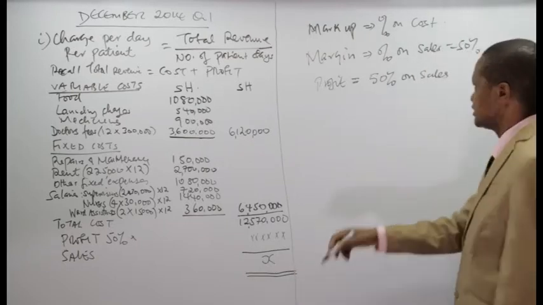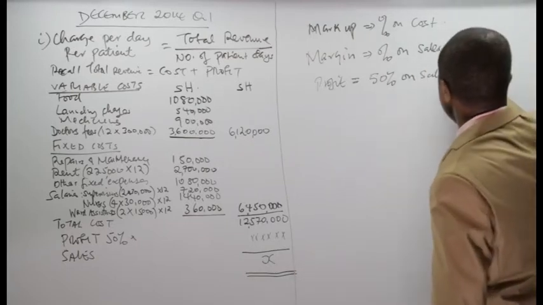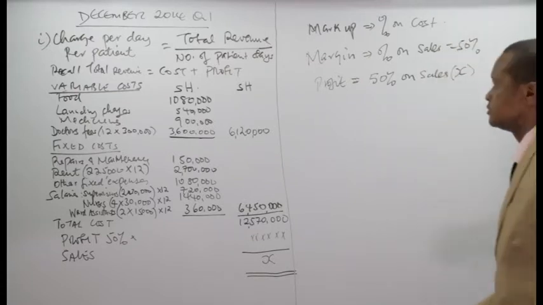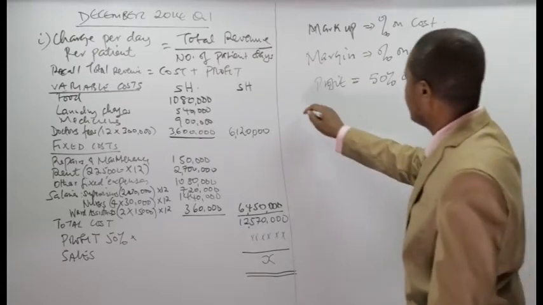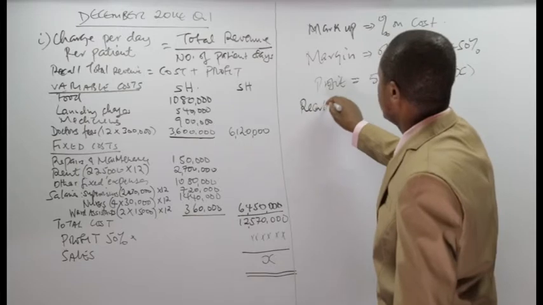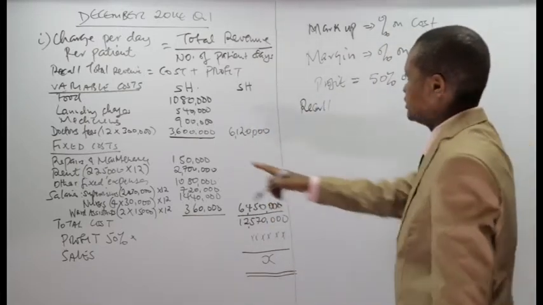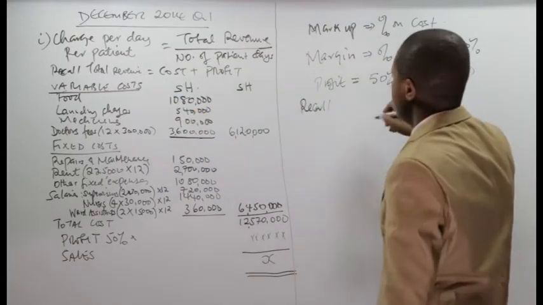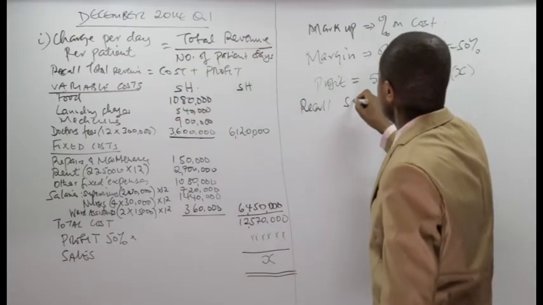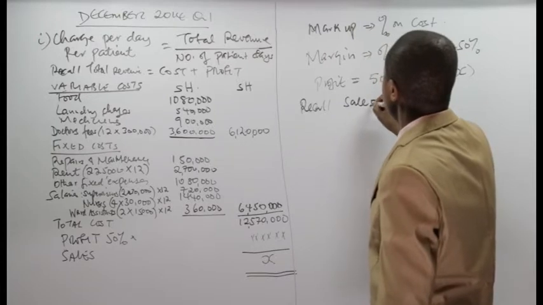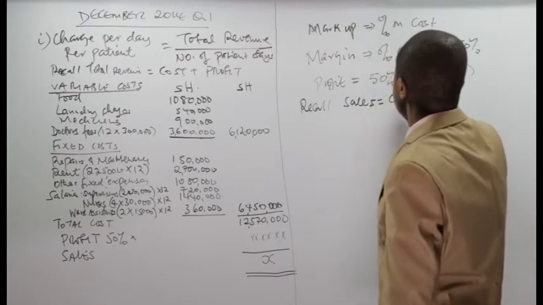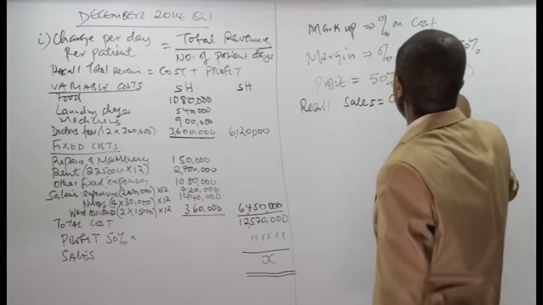In our case, sales is unknown, which is X. But remember that sales is equal to cost plus profit.